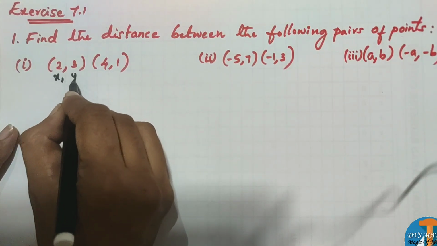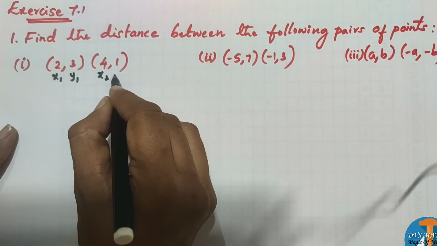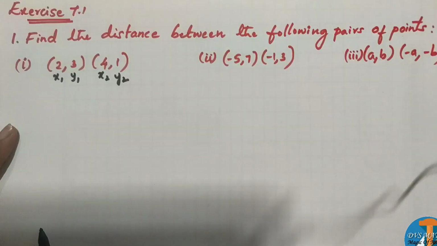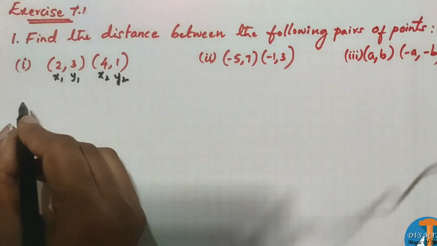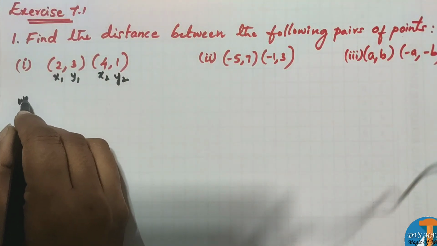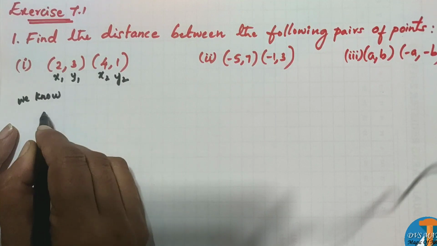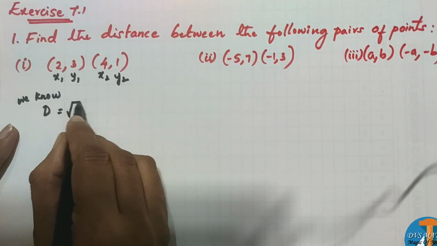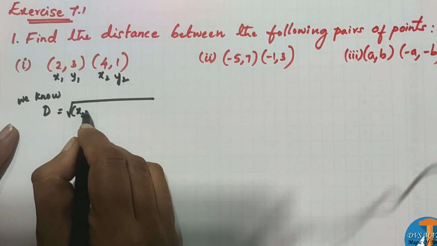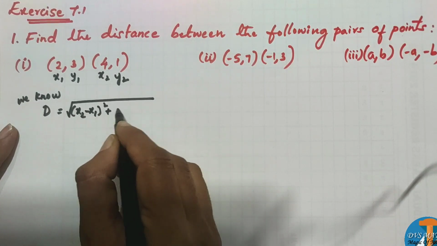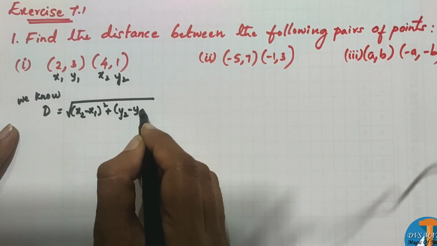This is x1, y1, x2, y2. So let us consider the distance formula. Now d is equal to, we know, let us write, what is the formula? Distance formula. d is equal to square root of x2 minus x1 whole square plus y2 minus y1 whole square.